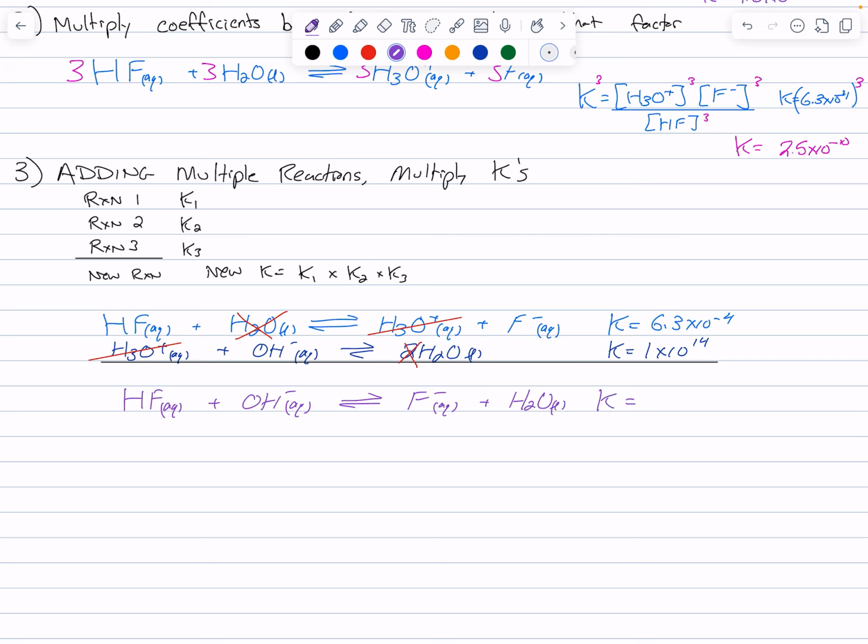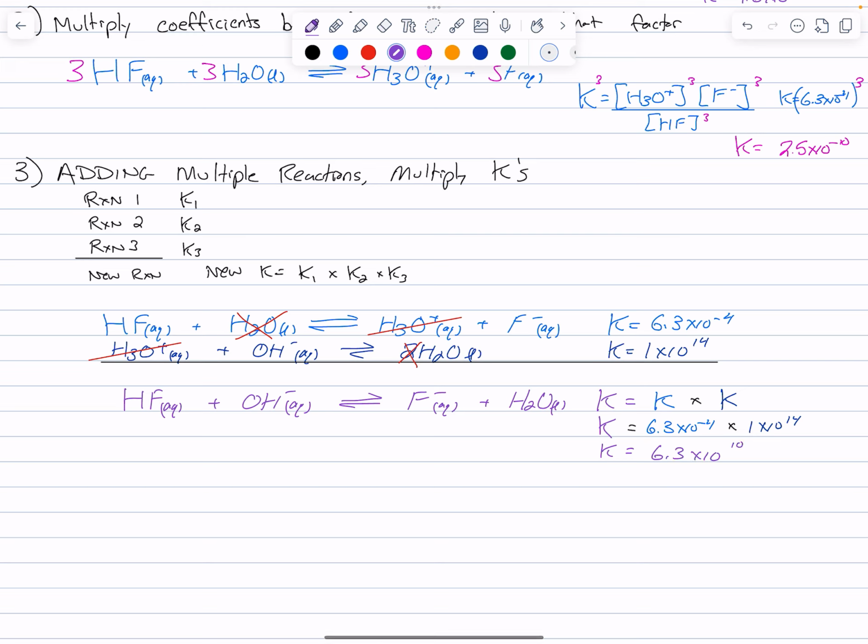And this would be equal to our 2 Ks: 6.3 times 10 to the negative 4 multiplied by 1 times 10 to the 14th, which is 6.3 times 10 to the 10th, right?